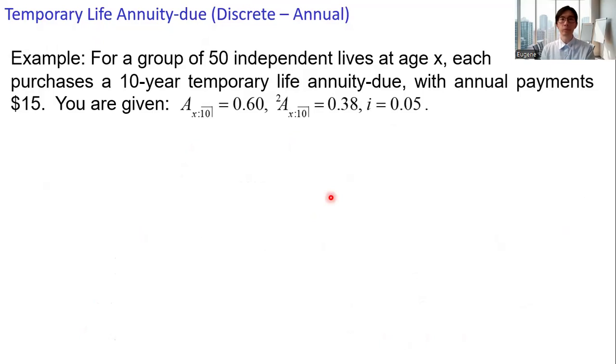Another example, a portfolio for a group of 50 independent lives all at age x. Each purchases a 10-year temporary life annuity due, annual payments 15. Given the following quantities, the expected value for the 10-year endowment insurance, 0.6, the corresponding second moment, 0.38, and i is 0.05.